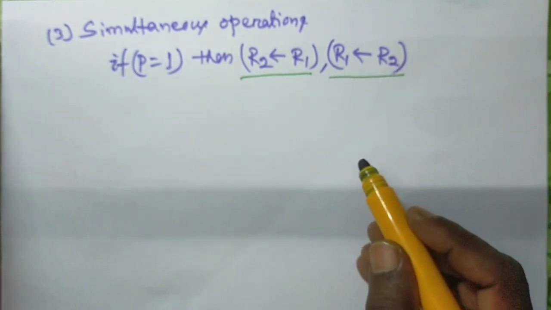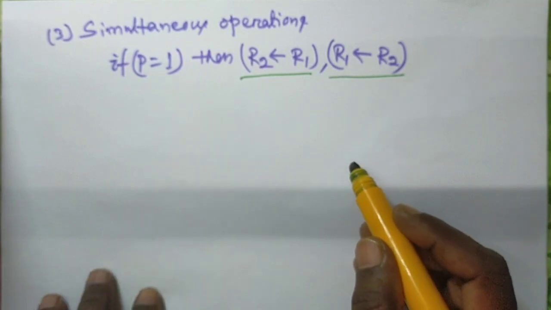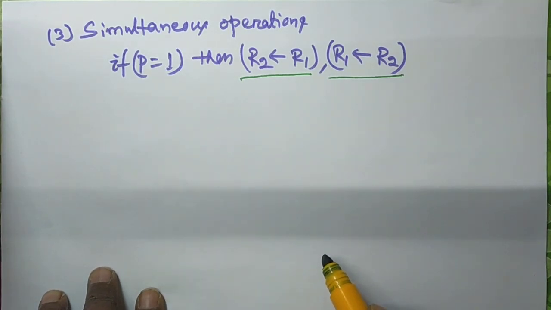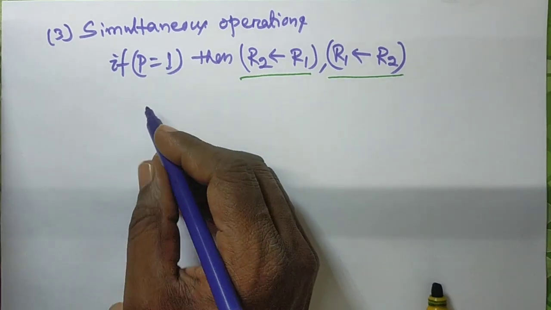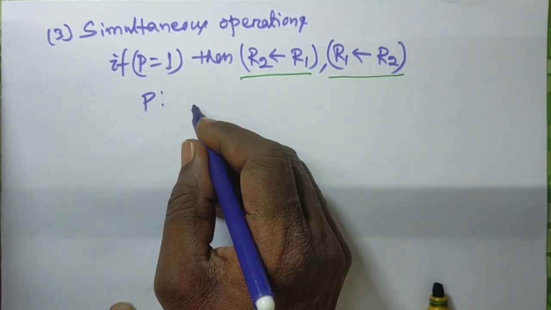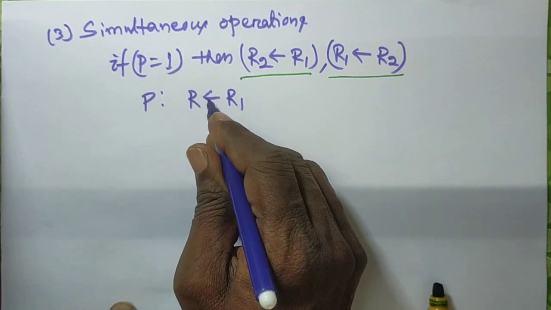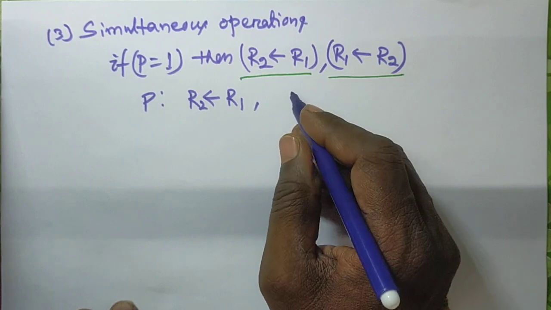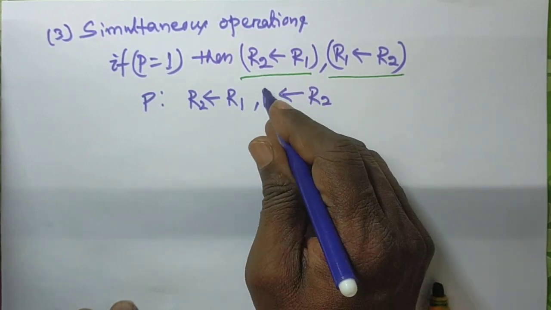These two operations can be used if one particular condition is satisfied. So we can define it in different ways. Here also, we can go through the short form with P like this: the content of R1 transfers to R2, and the content of R2 transfers to R1.